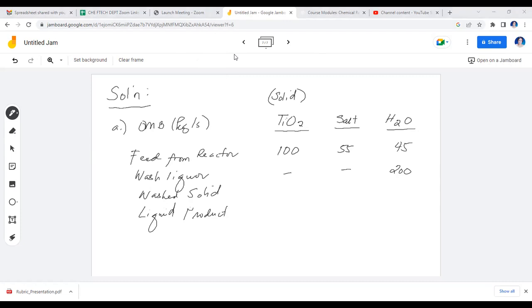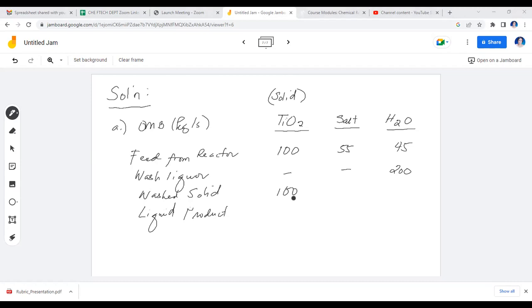Do you understand what is the washed solid? It's the slurry leaving the last thickener, the end thickener. Okay, correct, Gio. Very good. It's also 100. So your insoluble solid, whatever entered is what comes out. Okay, 100 on the titanium dioxide.